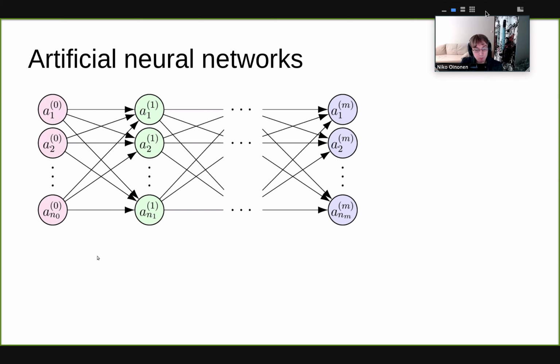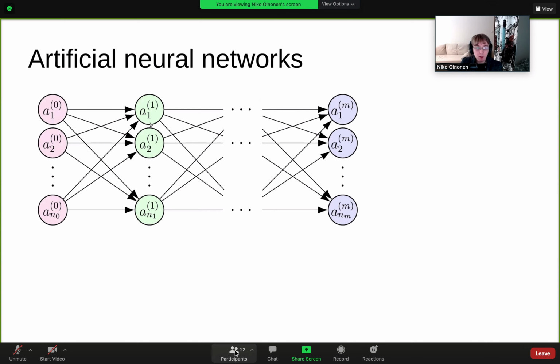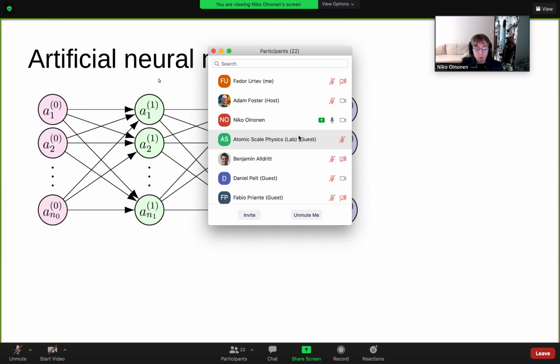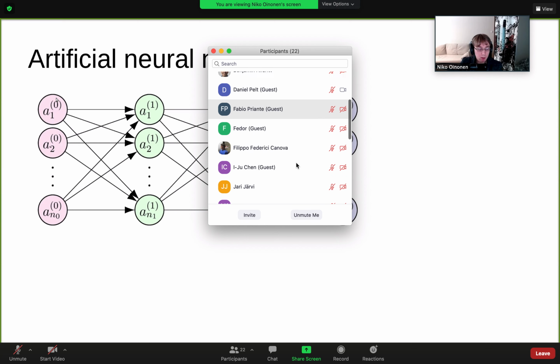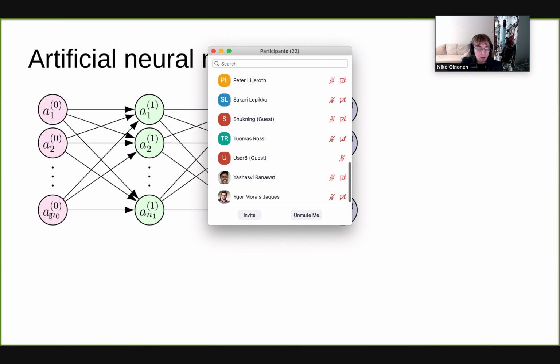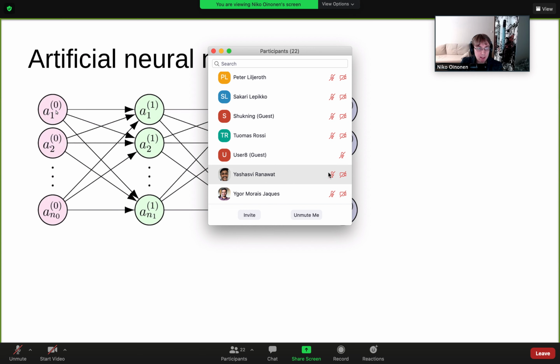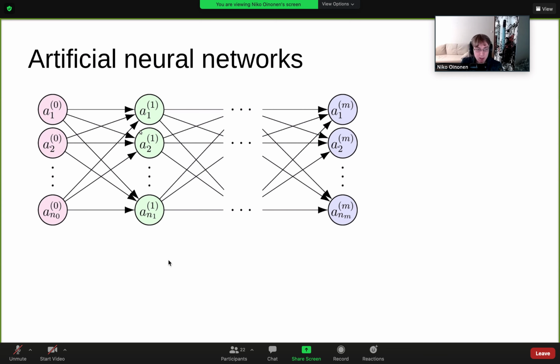So the structure of the model is such that you have a whole bunch of layers, where at each layer you have these so-called neurons, which are connected to the neurons in the preceding or the next layer. And so each layer here is some vector of data, which is then transformed into another vector of data.